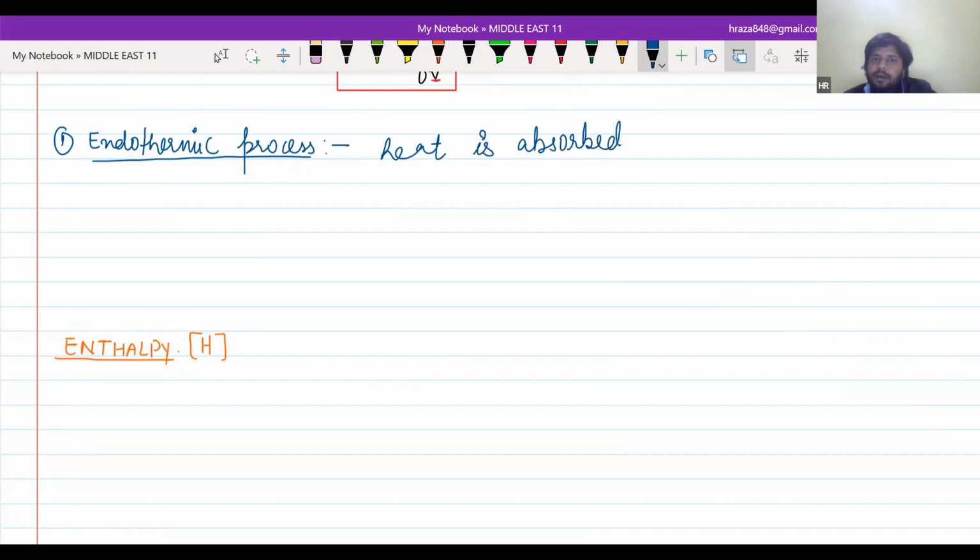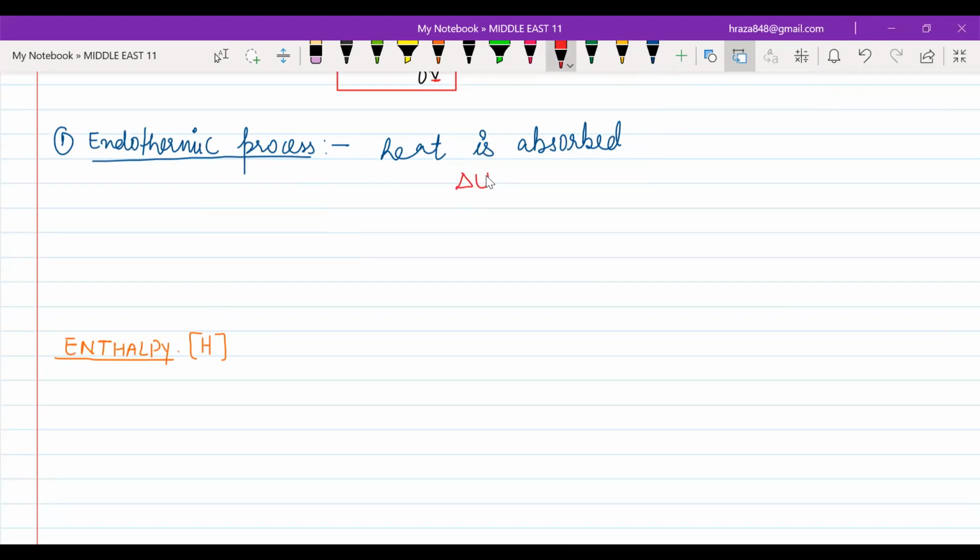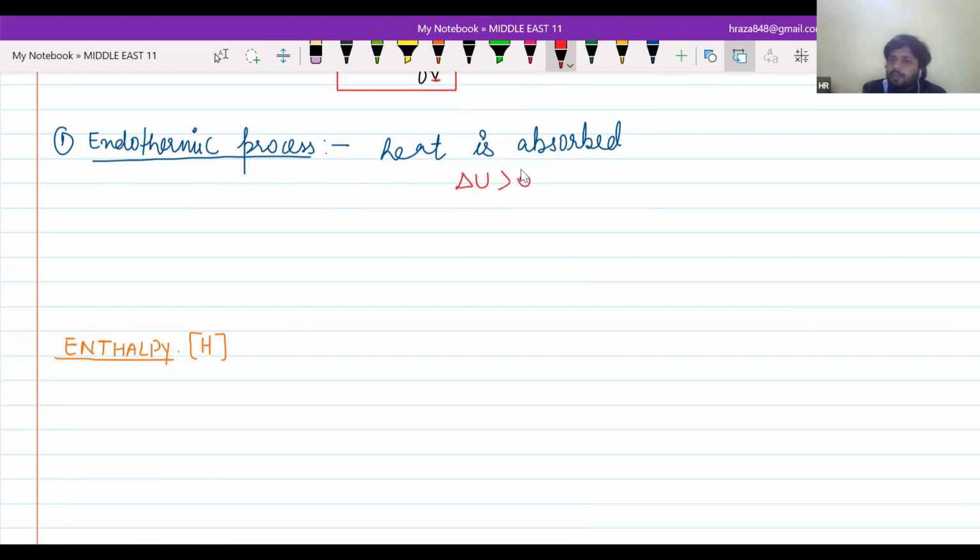If heat is absorbed, tell me about delta U. Will it be negative or positive? Positive, sir. It will be positive because heat is absorbed.